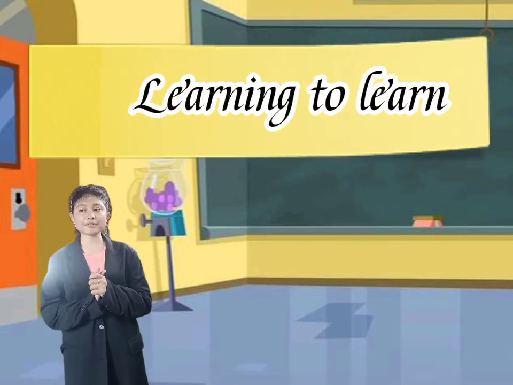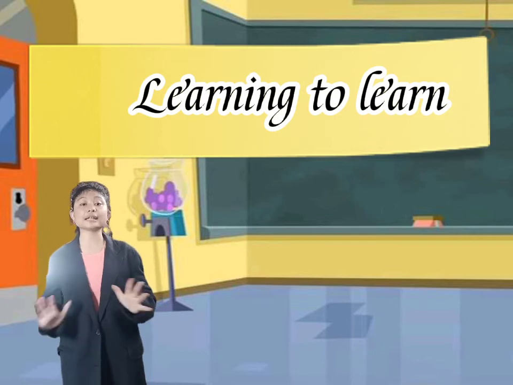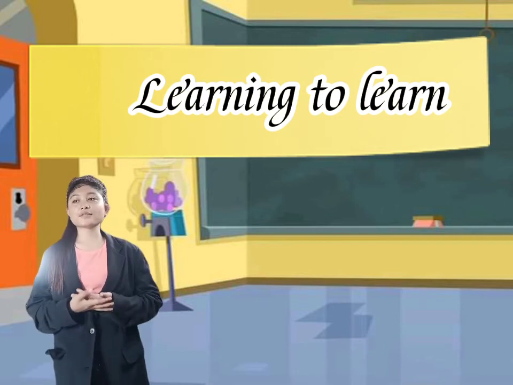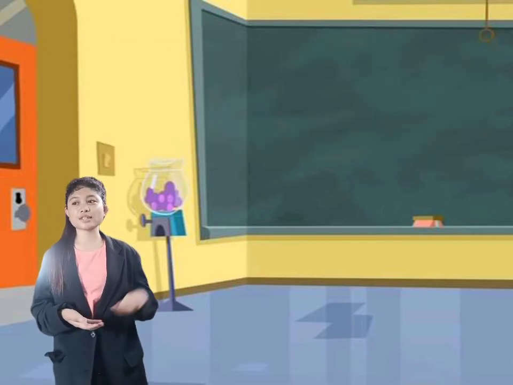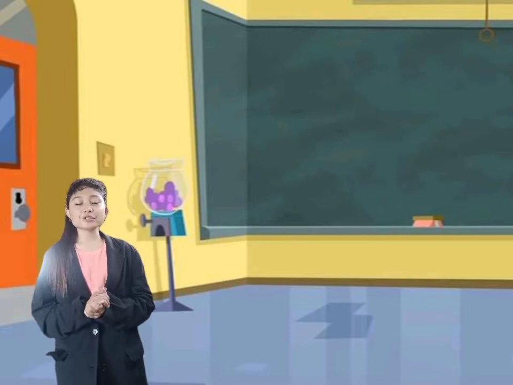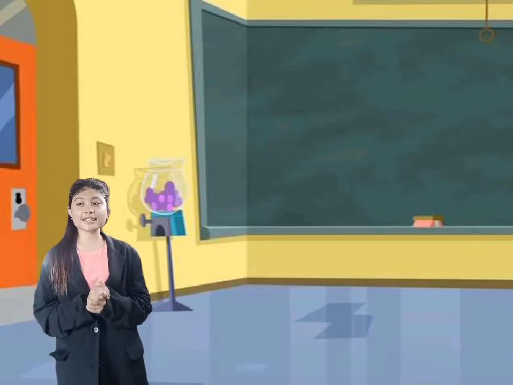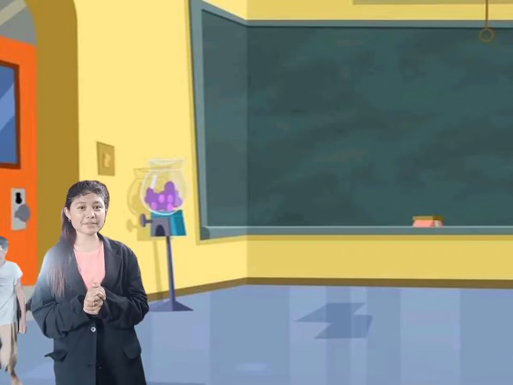The fifth transfer of learning theory is learning to learn. After practicing a series of related or similar tasks, the learner acquires the capacity to learn the same thing.